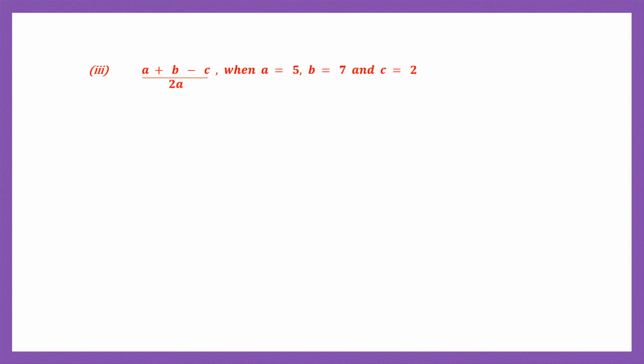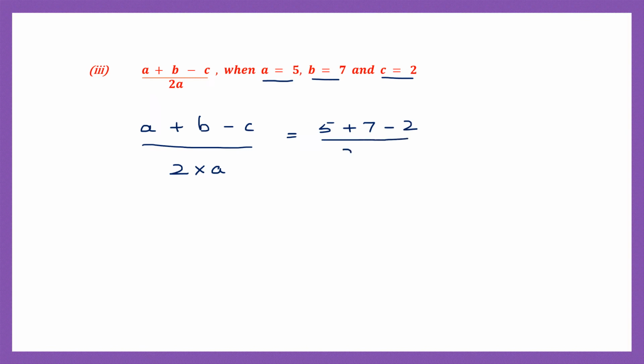Question 3. a plus b minus c divided by 2a. So again the values for a, b and c are given. We just have to substitute. So let's start. a plus b minus c divided by 2a means 2 into a. So this will be a is 5 plus b is 7 minus c is 2.